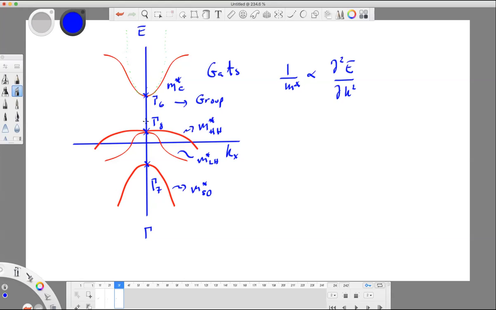So you see that now the structure of the valence band is much richer. These orbitals are going to be made of px, py and pz-like orbitals.